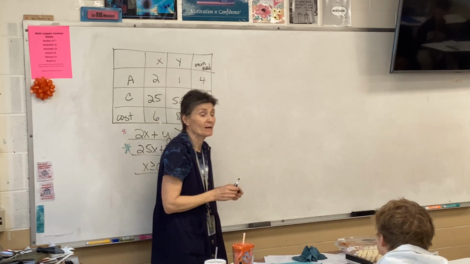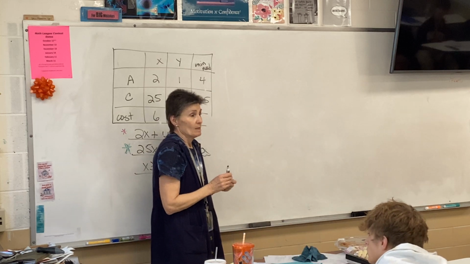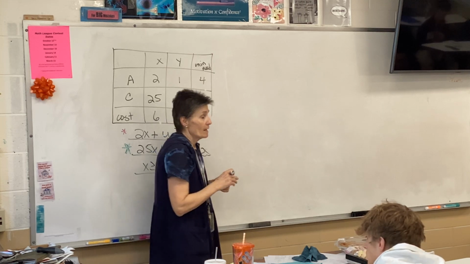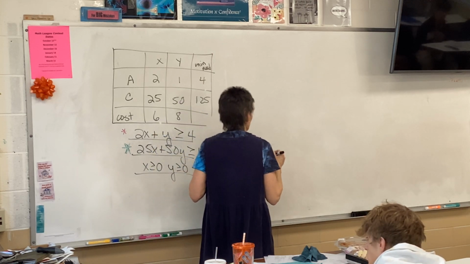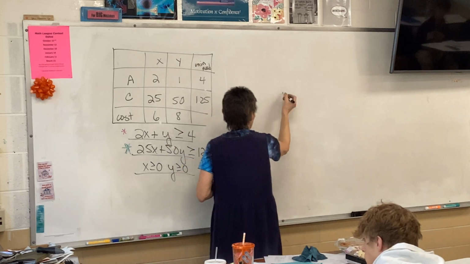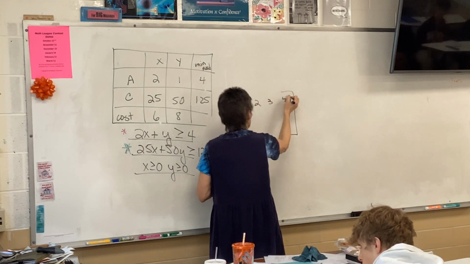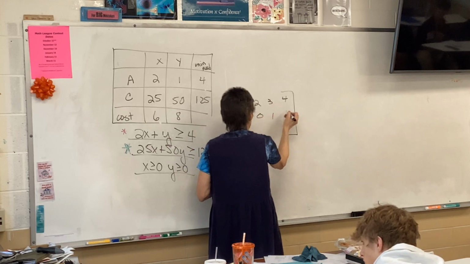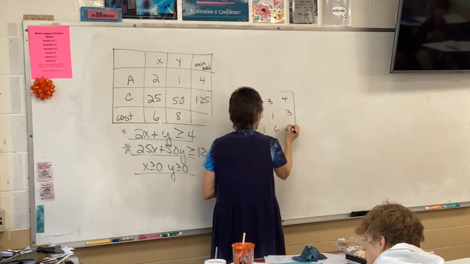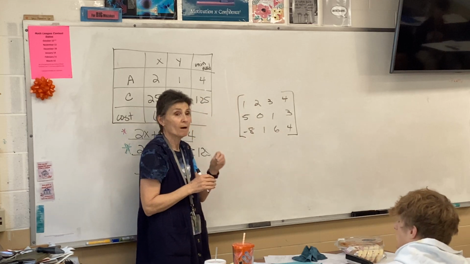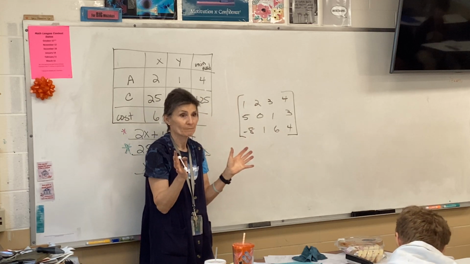And then the other thing we're going to do is solve a bigger system, like with x's, y's, and z's. We're going to solve it with our calculator. And what do you have to write down? You have to write down the original matrix, like 1, 2, 3, 4, 5, 0, 1, 3, negative 8, 1, 6, 4, which comes from the original problem.